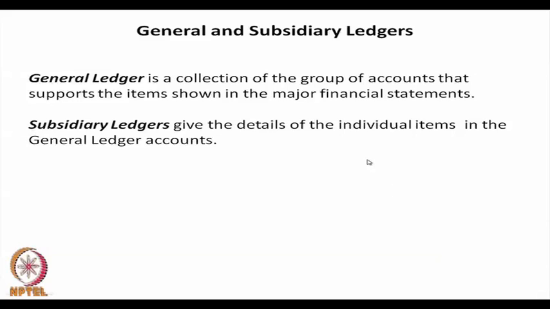Now, we have discussed the two major financial statements, the balance sheet and the income statement. As I already told you, different ledger accounts are kept for each and every item of a company, but financial statements such as balance sheet and profit and loss statement are basically summaries of all those accounts.